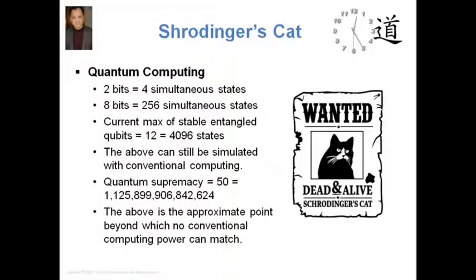Now, just imagine that when I'm doing these calculations, I have a whole bunch of versions of me in different universes all carrying out the same computation at the same time, but each one for a different possible state out of the 4,096, as an example.